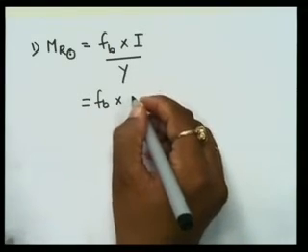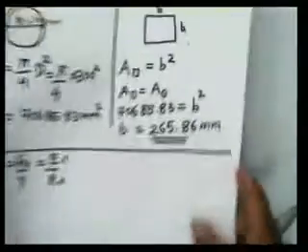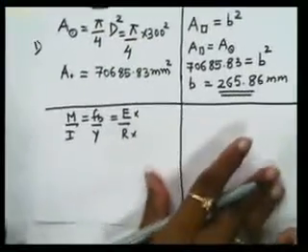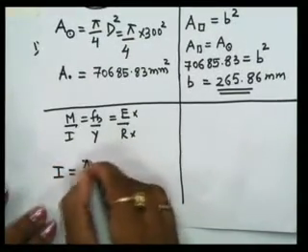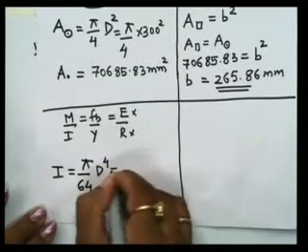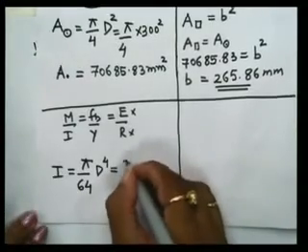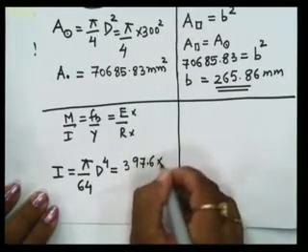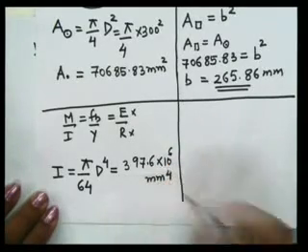I will be pi by 64 into d to the power 4 for a circular section. So pi by 64 d to the power 4, and the value calculated is 397.6 into 10 to the power 6 mm to the power 4.